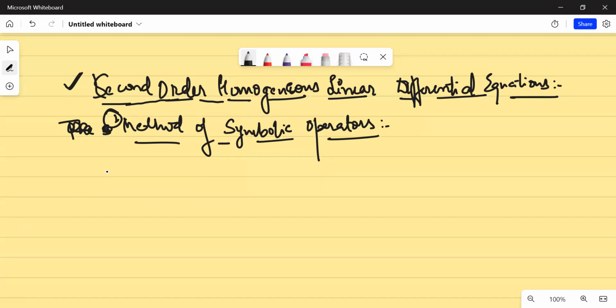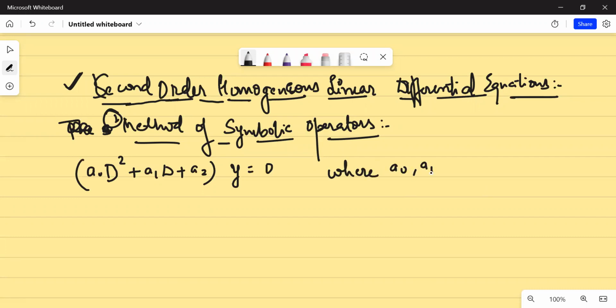Now, if your differential equation is, let's say, (a0 D squared + a1 D + a2) y = 0, where a0, a1, and a2 are continuous functions of x.